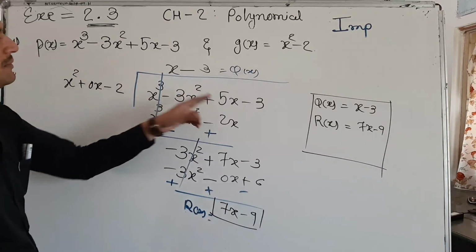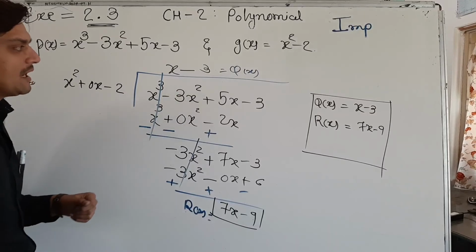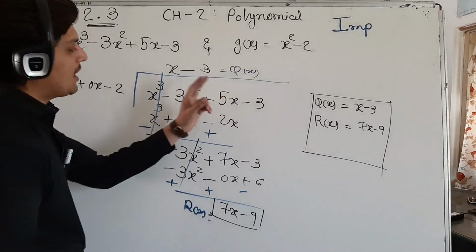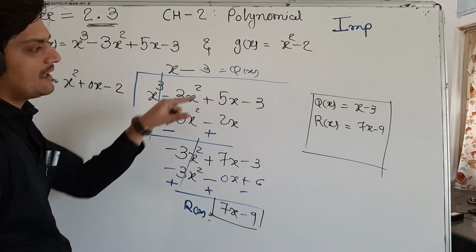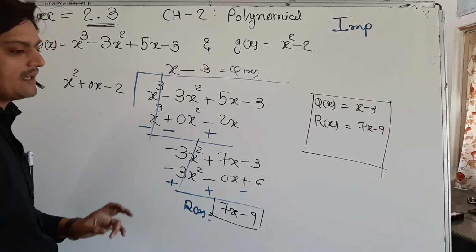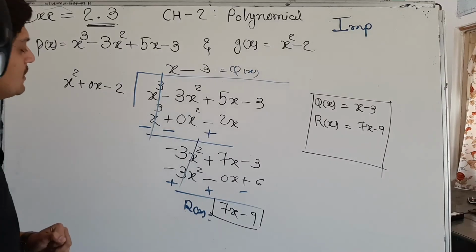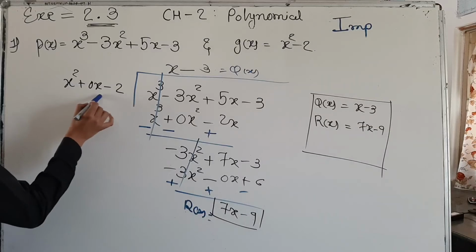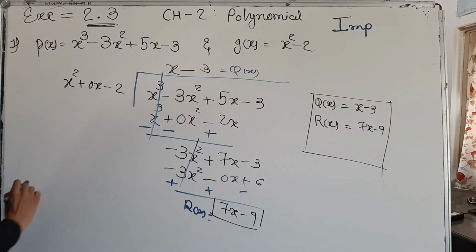Bigger polynomial should be inside and smaller polynomial should be outside. First of all, if you are missing any order, you have to add 0 there, and that order's variable will remain x only. So now just assume, see here the 1 power was missed, so I have added 0x, 2 power, 1 power and constant term.